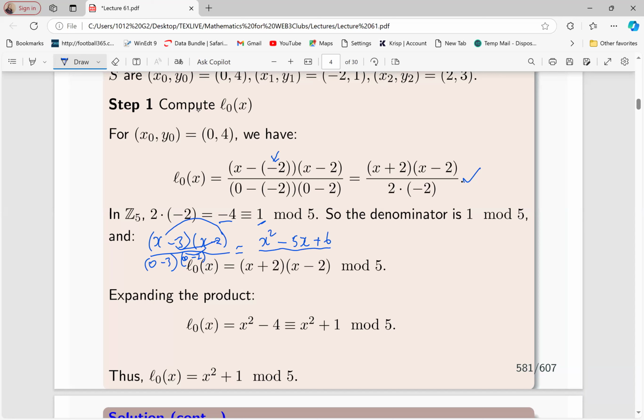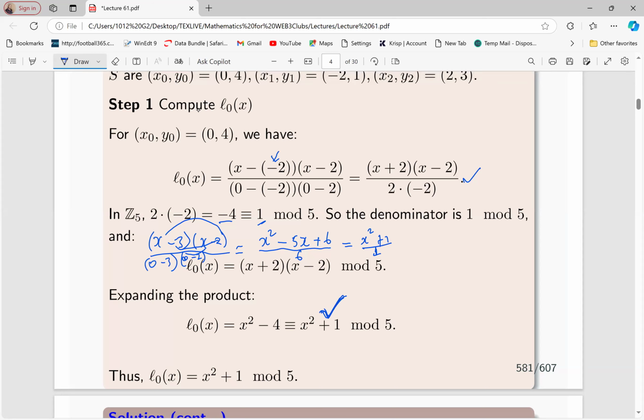What about the denominator? The denominator will be negative 3 times negative 2, which is 6. So when you reduce this mod 5, the numerator becomes x squared plus 1, and the denominator is 1. So again, you arrive at the same thing.